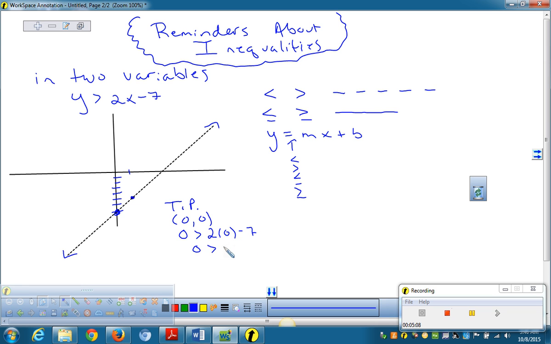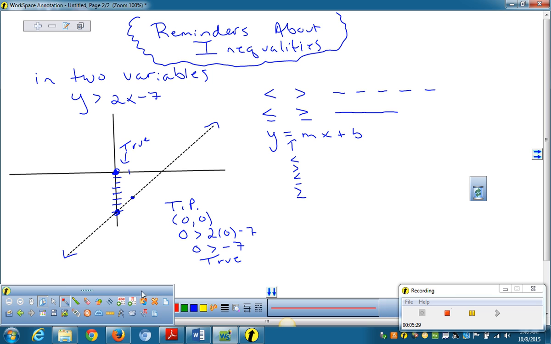Is 0 greater than negative 7? Is that true or false? It is true. 0 is greater than negative 7. This is a true statement. So I always say you shade the side that is true. So if 0, 0 caused a true point, then we are going to shade this side above.